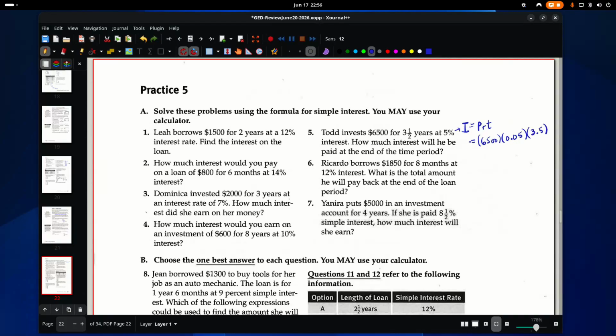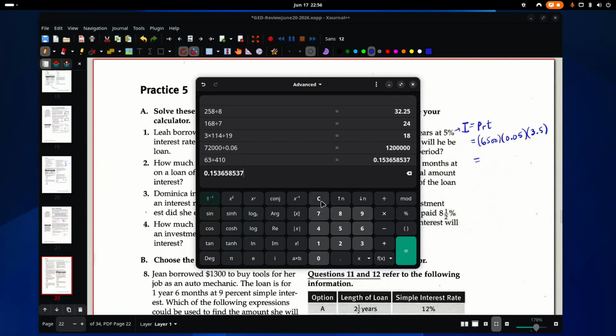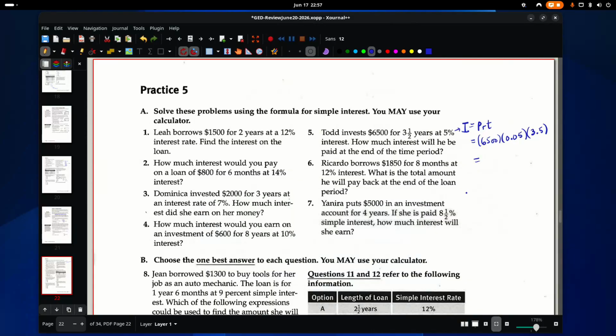And it says we may use our calculator for this, which is great. So 6,500 times 0.05 times 3.5, and I get 1,137.5.